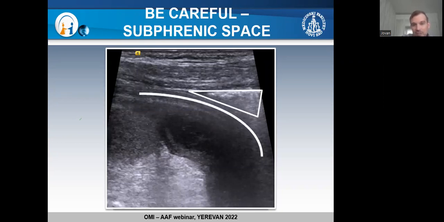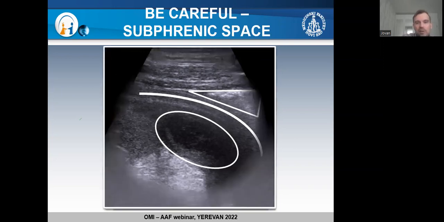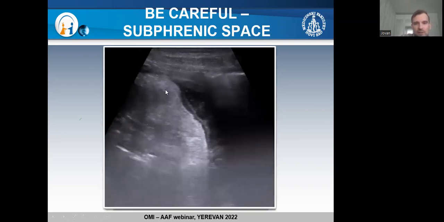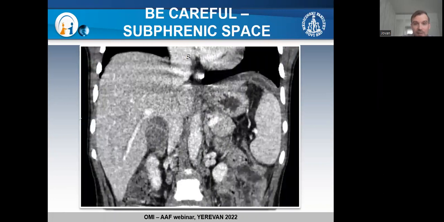So there is a left hemidiaphragm, and below the left hemidiaphragm, actually all of this is the complex fluid collection just in subphrenic space, just below the left hemidiaphragm. Look at it. And this was a subdiaphragmatic subphrenic abscess proved on CT.